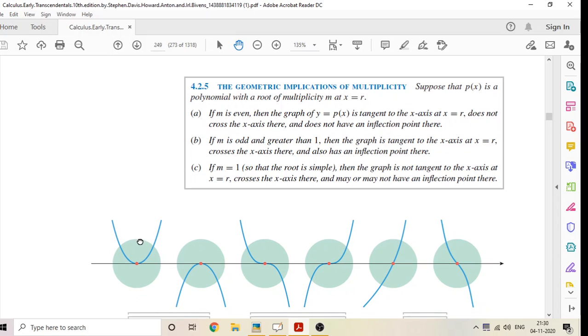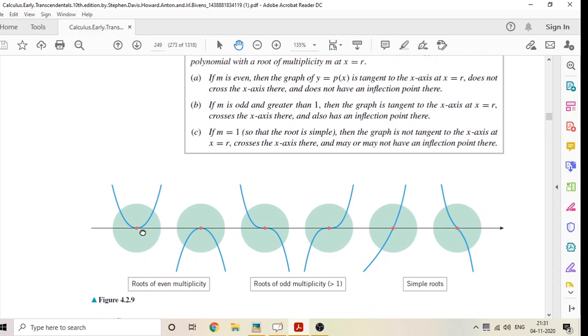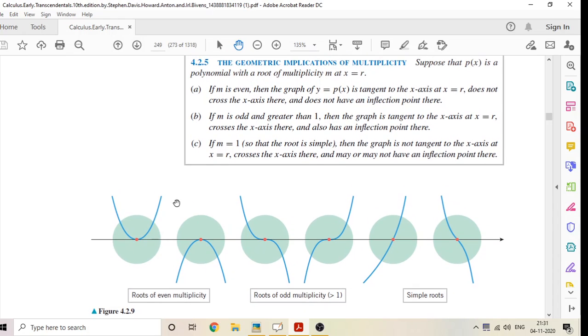If you look at the first curve, this is the curve of y equal to x squared. The multiplicity of x equal to 0 is 2. Now if you look at the point 0, you can see that the x-axis is a tangent to the curve. So the graph of y equal to p of x is tangent to the x-axis.